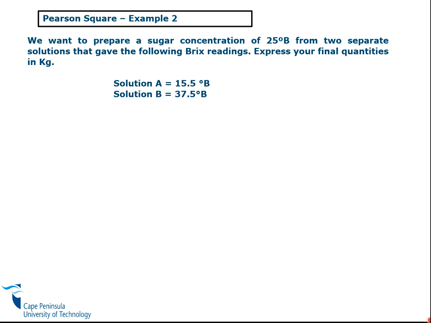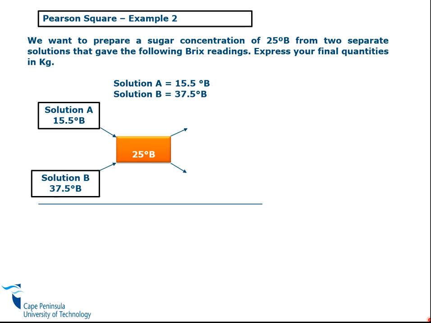So what are you going to have? You're going to have solution A, which is 15.5, and solution B, 37.5. If you subtract diagonally, you'll have 37.5 minus 25, and then you'd have 15.5 minus 25, right?